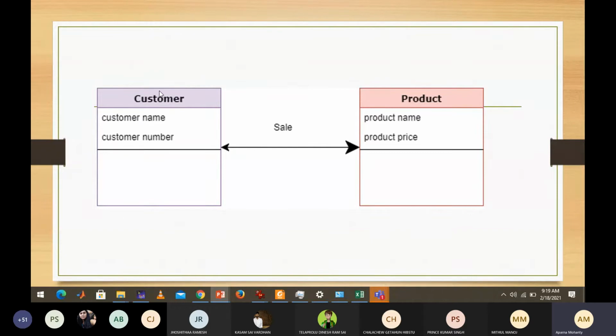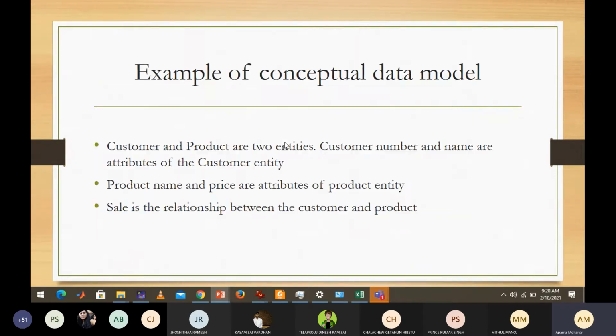One is your customer entity, the other is your product entity. For the customer entity, attributes, meaning properties, can be customer name, customer number, all those details. For the product entity, the attributes can be product name, product price. The relationship between these two entities is established by this sale. So this is called a conceptual data model.